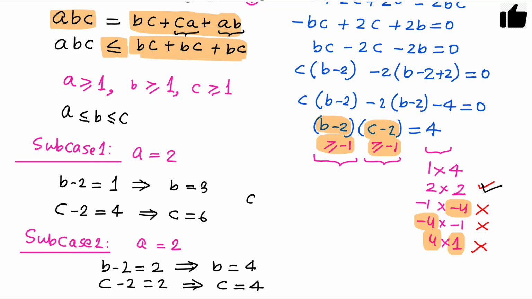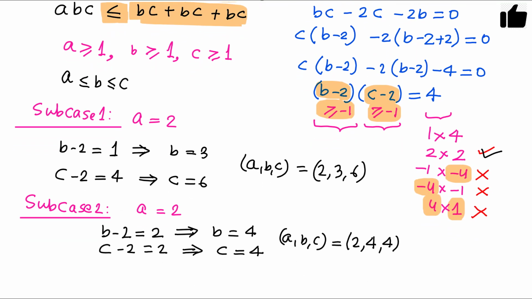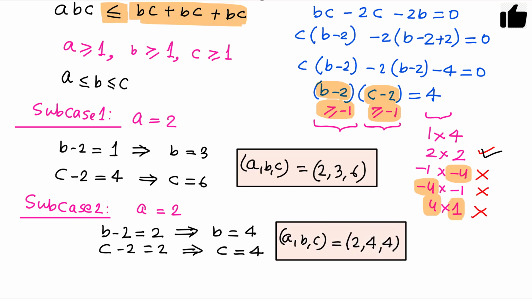So in the first case the ABC triple is 2, 3, 6. And in this case ABC is 2, 4, 4. So when A equals 2, I have two solutions.